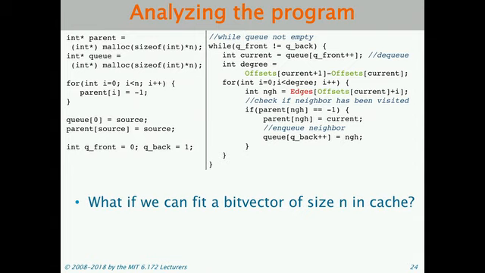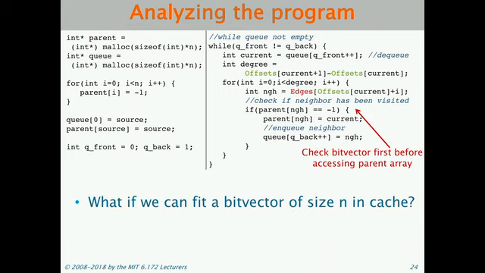Yeah, so that's exactly correct. We're going to use a bit vector to store whether the vertex has been explored yet or not. So we only need one bit for that. We're not storing the parent ID in this bit vector. We're just storing a bit to say whether that vertex has been explored yet or not. And then before we check this parent array, we're going to first check the bit vector to see if that vertex has been explored yet.